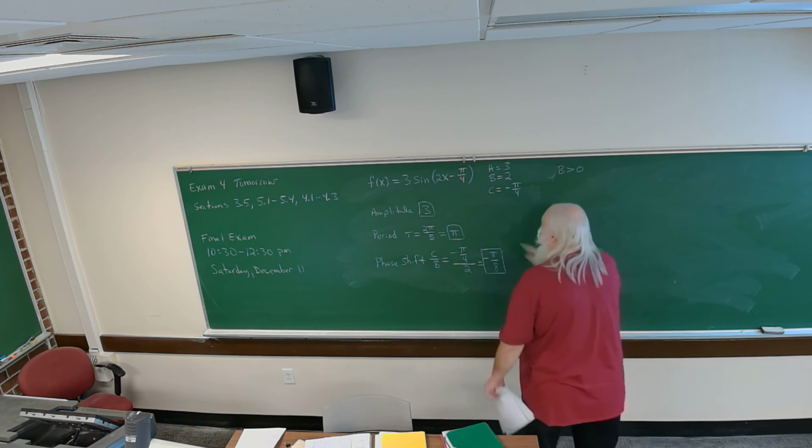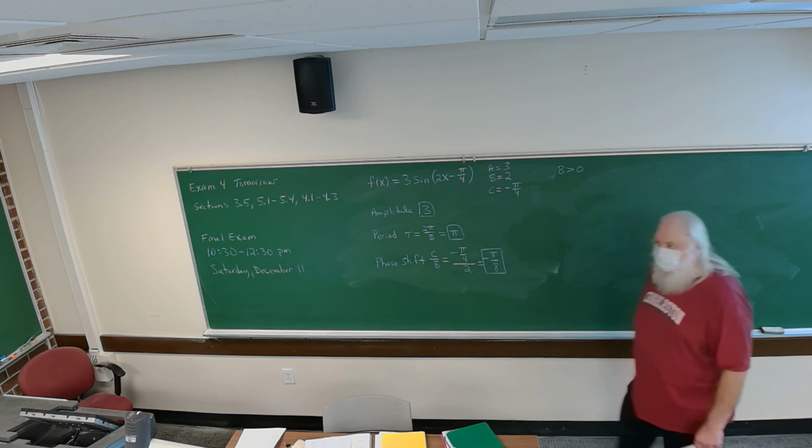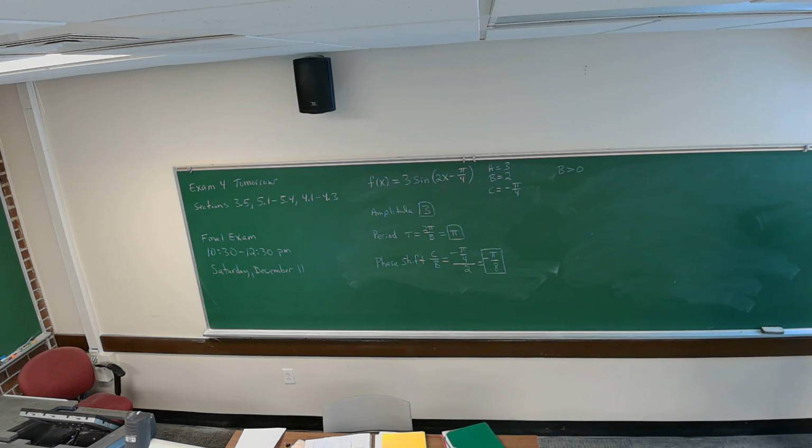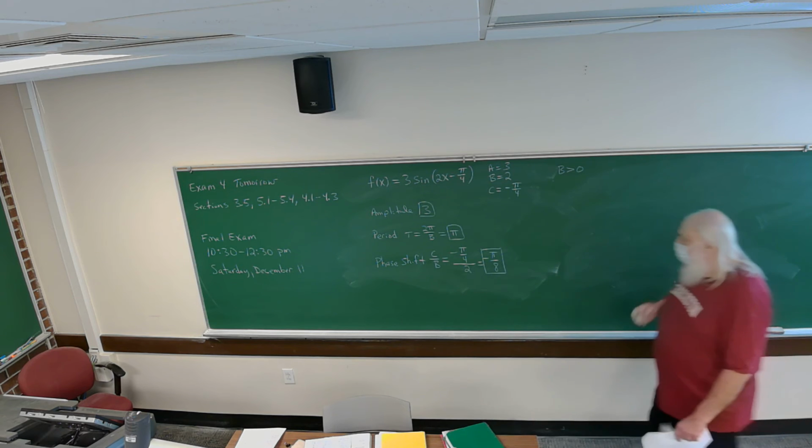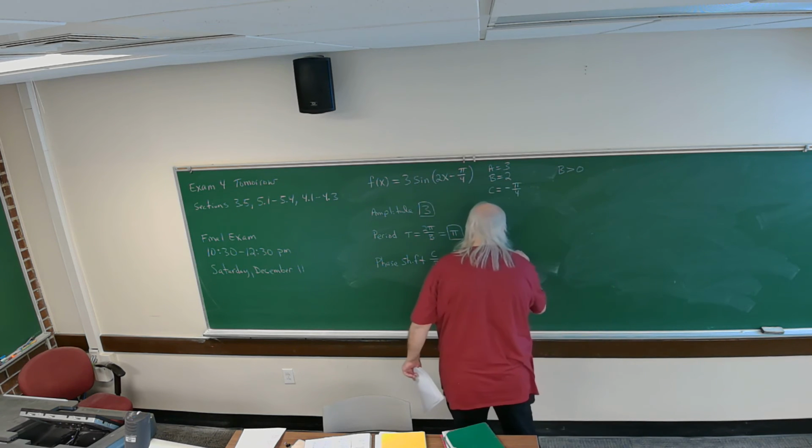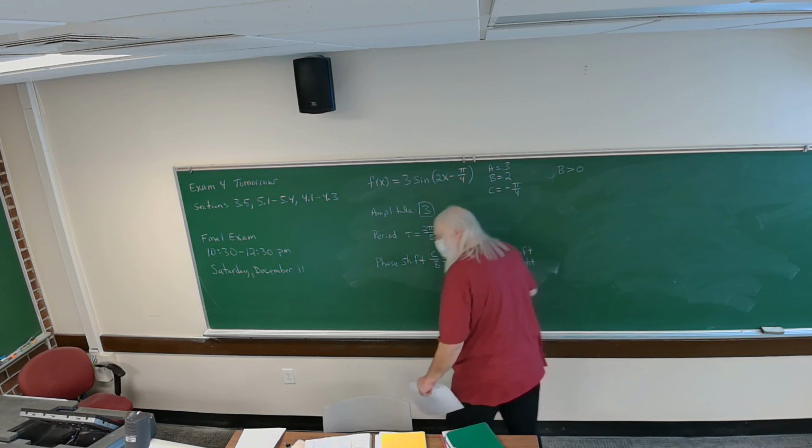So the graph of this function is the graph of this function from page 5 shifted in what direction? Right, because it's negative, right? And how much do we have to shift it to the right? Pi over 8 radians, right?